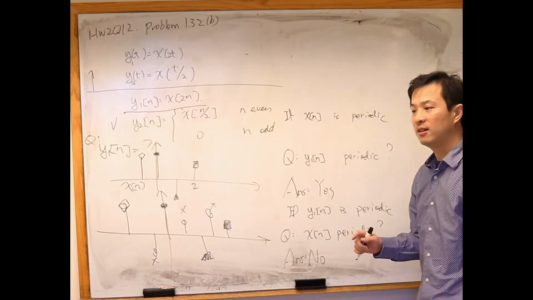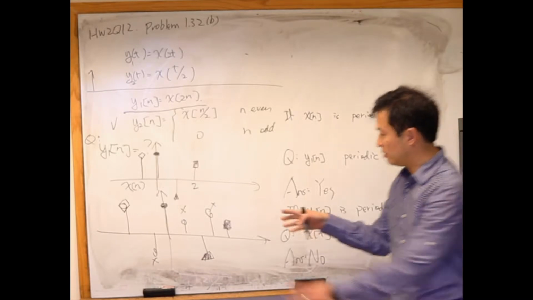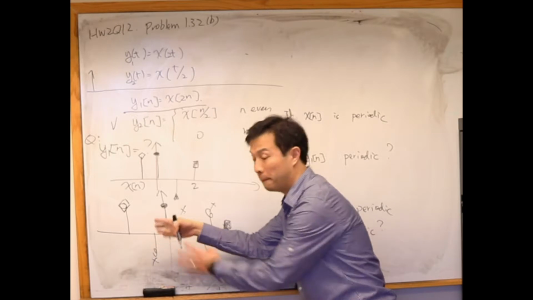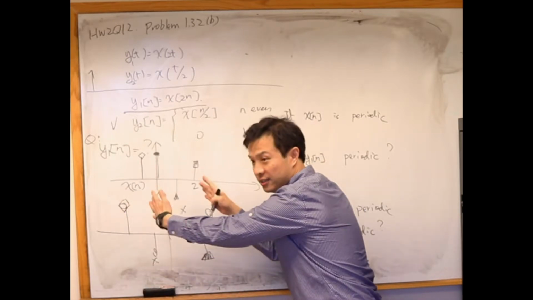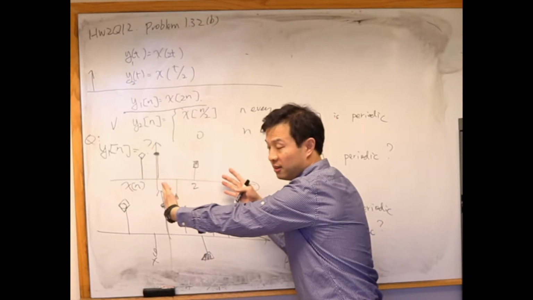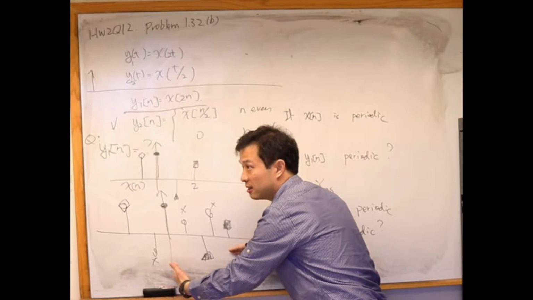Because there are some values that are missing from this operation. The operation says remove the odd positions completely, then place them together. After that, it's periodic. The question is, before that, is it periodic or not?